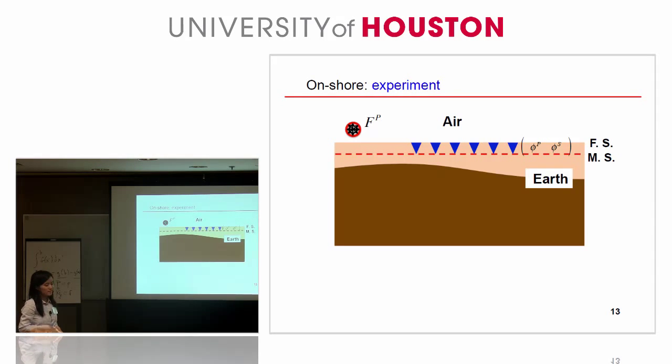Within this assumption, we can have our experiment model to be air and then some homogeneous near surface, and then suddenly non-homogeneous, marked by this dark brown. Here we assume the Earth right below the free surface is known. In this P-S space, we have a source in the air.